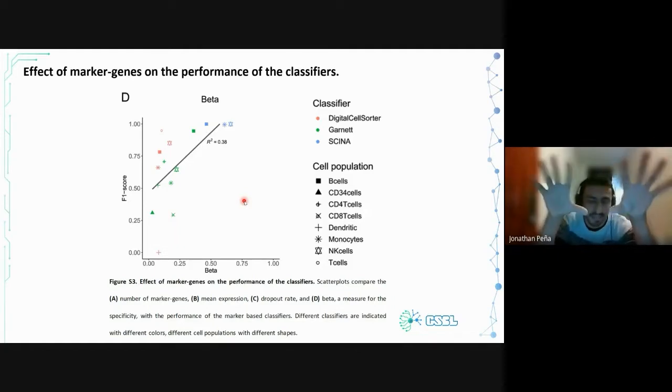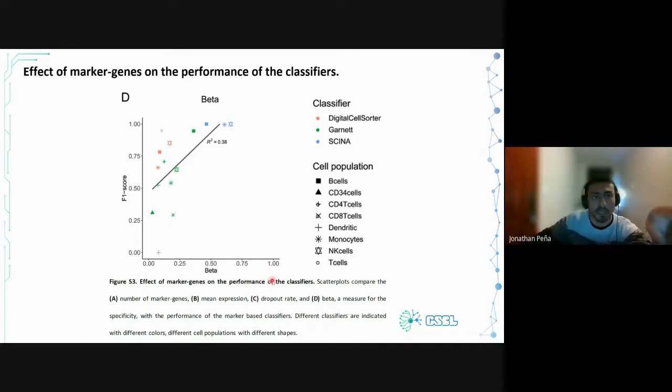I don't really understand how this calculation is made, but they said that this score is, for example, calculated based on the mean expression of a marker, and if you have a high beta score, it means there is a higher probability that this marker is more specific for this cluster or type of cells.